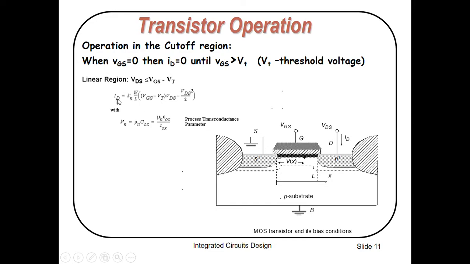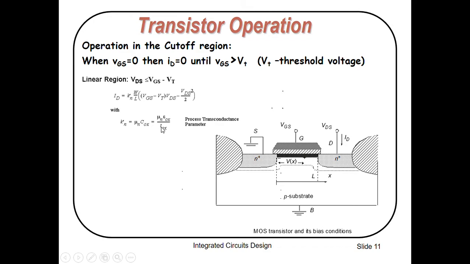Here is the equation of ID in the linear or triode region, where Kn prime is the process transconductance parameter, and Kn prime is equal to mu n Cox, which is equal to mu n epsilon ox divided by Tox, where mu n is electron mobility and Cox is oxide capacitance.